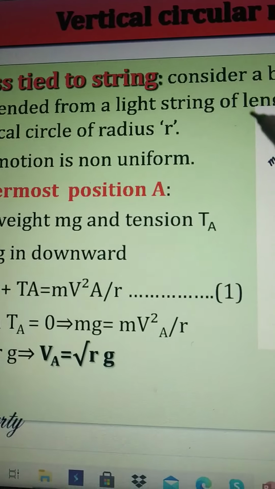Okay, so let us see. A mass tied to a string.